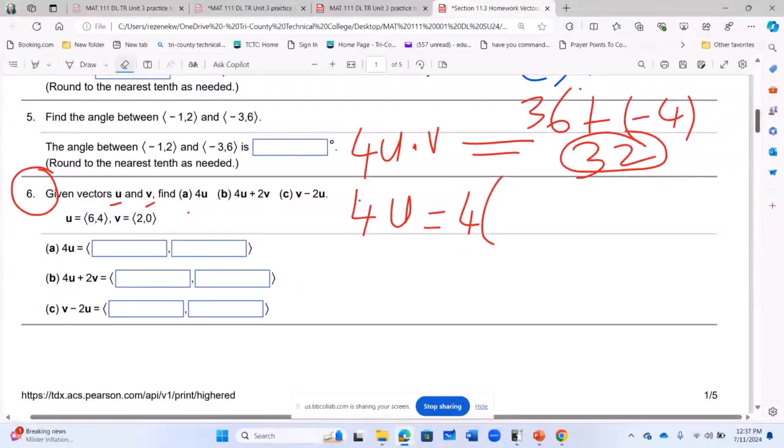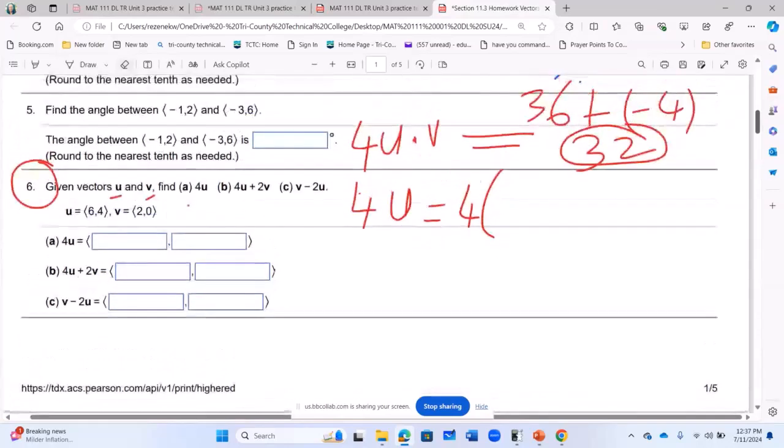Remember, the parentheses look like an equality sign. So this 4 is outside, and then my vector u is 6, 4. Remember, that's a comma here. Then I'll multiply that.